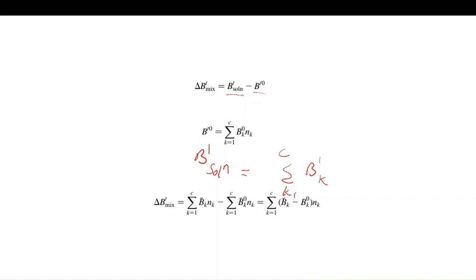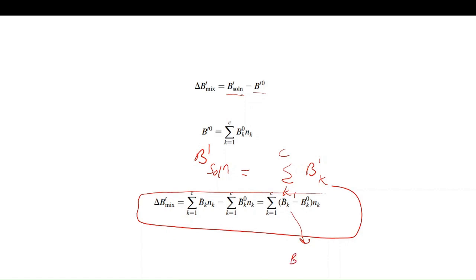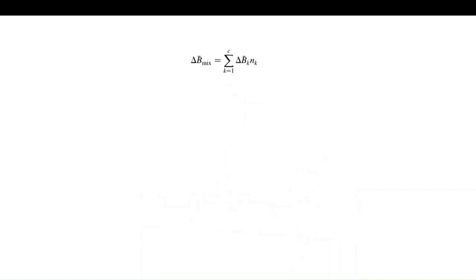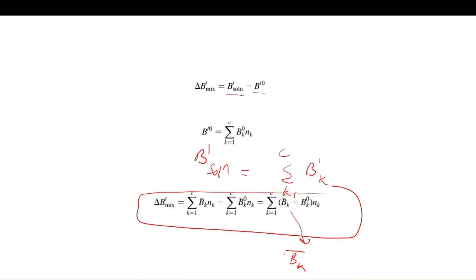So the total B mix, which is the difference of these both, can be written as shown in this equation. For convenience, B' K minus B naught K can be written as delta B bar K, because this is the difference between the two properties. So B mix equals the summation, K from 1 to C, of delta B bar K into N K. This is how the mixing properties can be represented in terms of the species present.